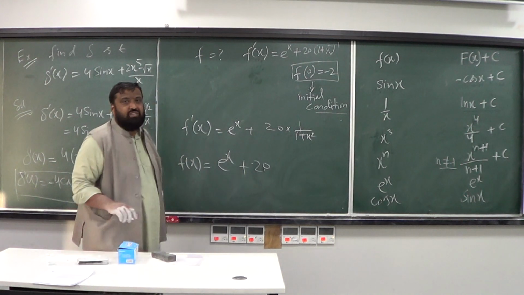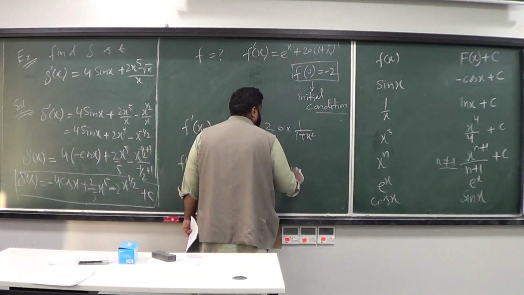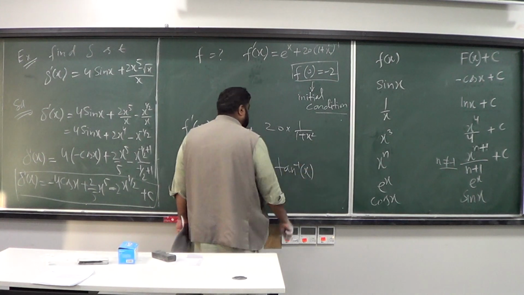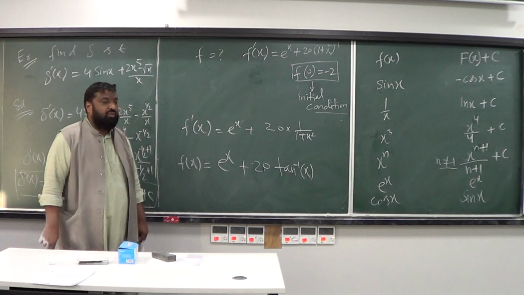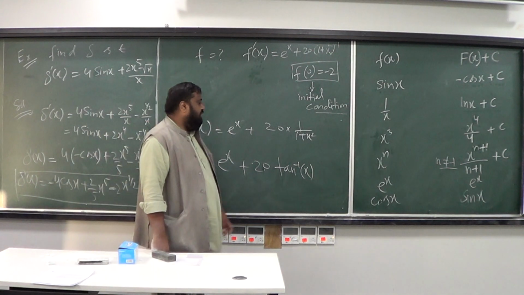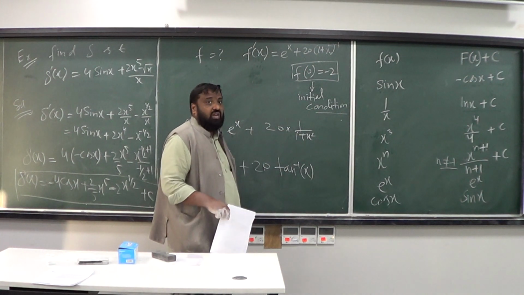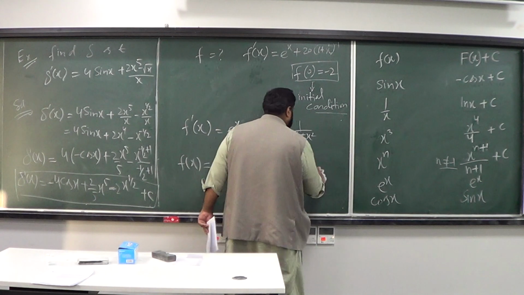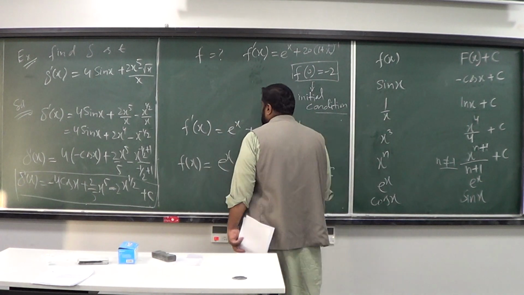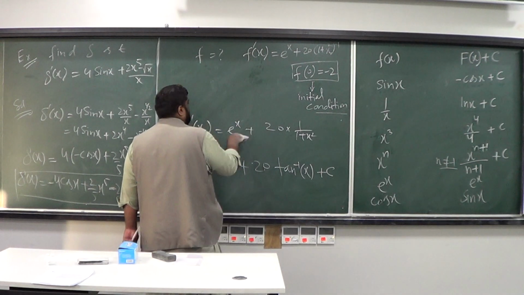The function whose derivative is 1 over 1 plus x squared is tangent inverse x. So if you differentiate e to the x, you get e to the x. If you differentiate tan inverse x, you get 20 times 1 over 1 plus x squared, plus the constant c. So you found the function whose derivative is this.